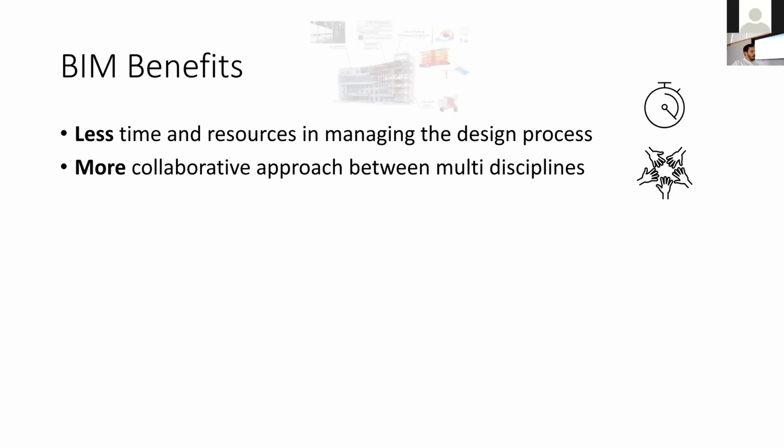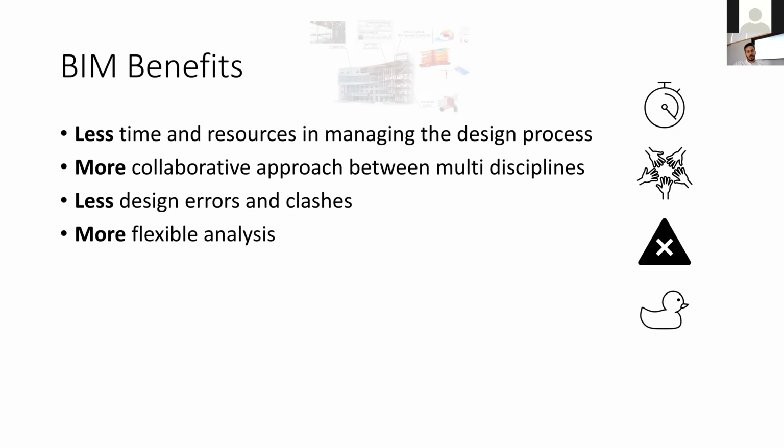Of course, a more collaborative approach between the multiple disciplines, as we've been discussing throughout the whole presentation so far. Having fewer design errors and clashes, since we eliminate some of the human error that comes with coordinating 2D drawings. So we eliminate those types of errors, and have more flexible types of analysis, such as the structural engineering example that I just gave in the previous slide.